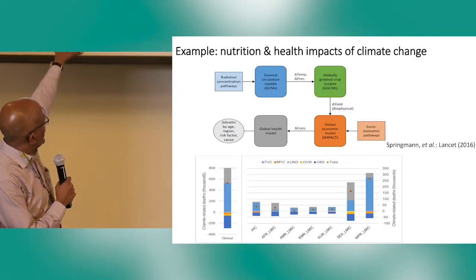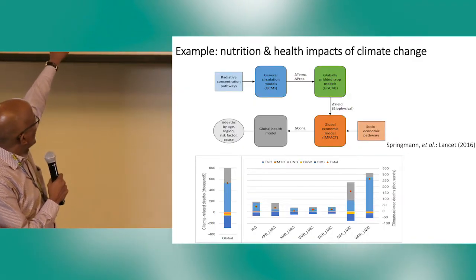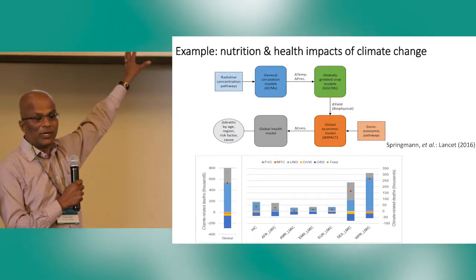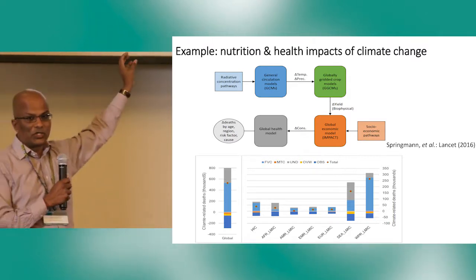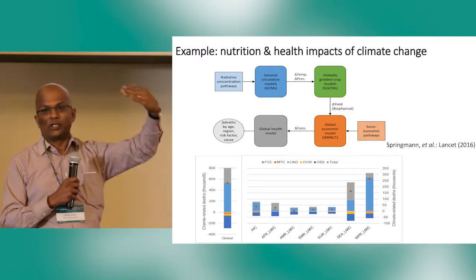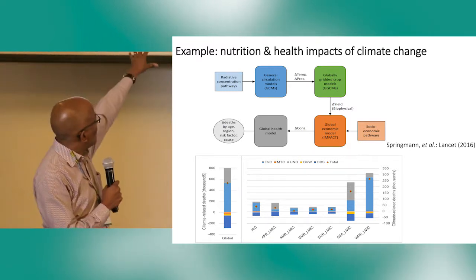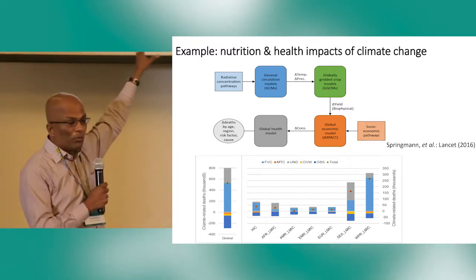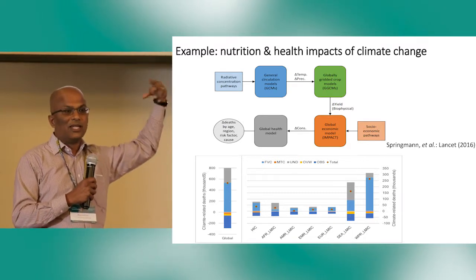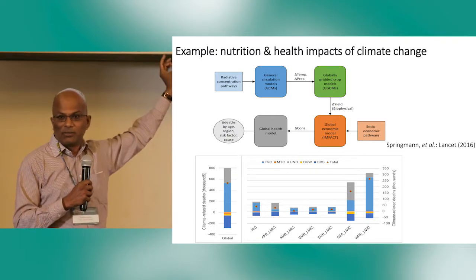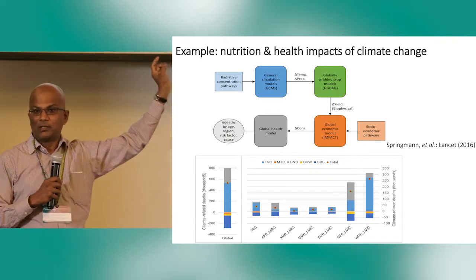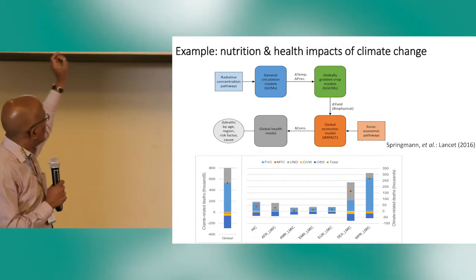Their framework, you can see that methodology at the top, is basically looking at climate change information, which gives you the changes in temperature and precipitation going into 2050. That is fed into globally gridded crop models, which are telling you what the yield changes will be arising from that. That feeds into the impact model that we've just talked about, which has got all the behavior in it, the production and the consumption.